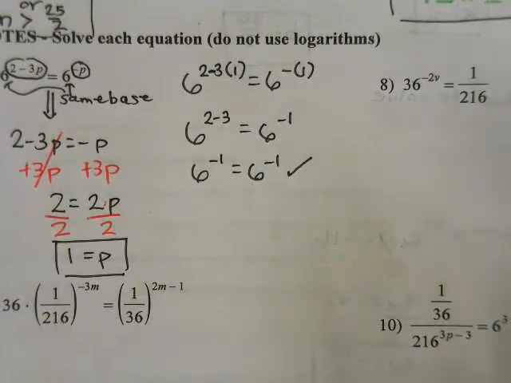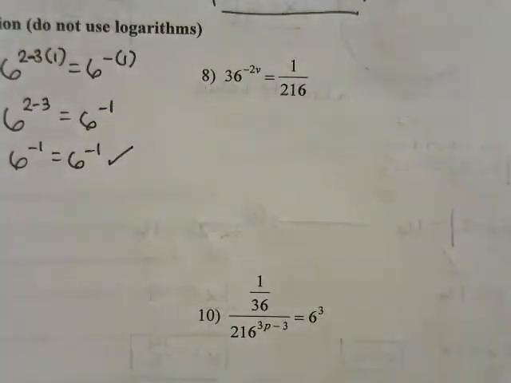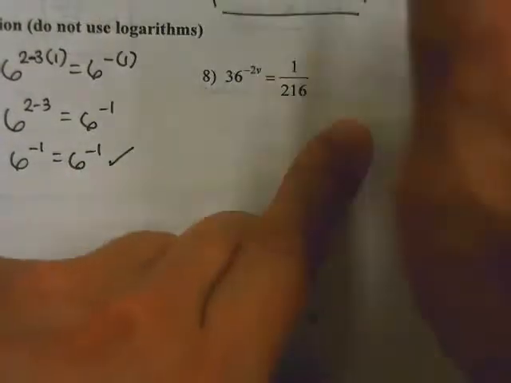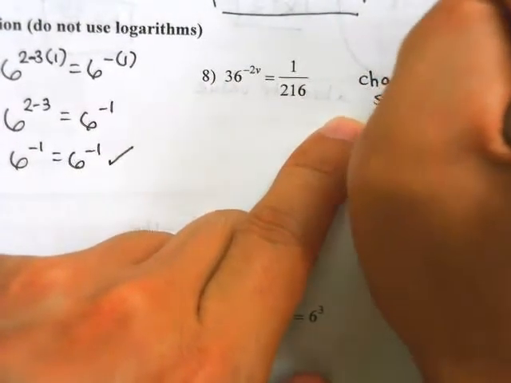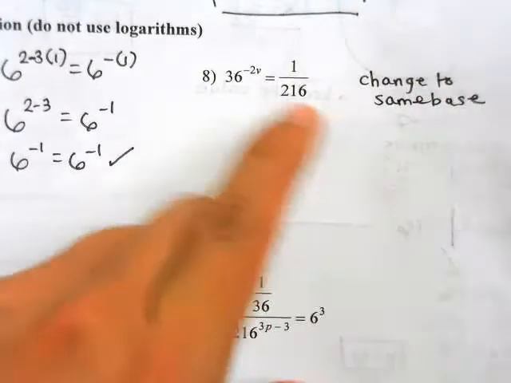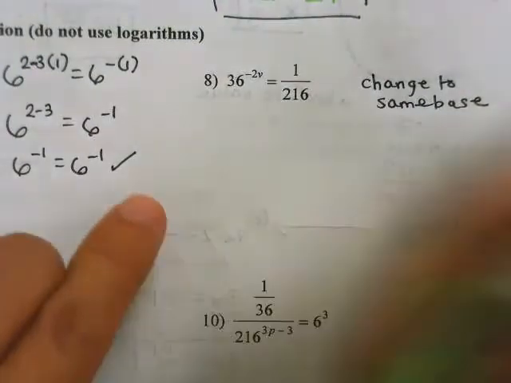Number 8. Now, these problems are not going to have the same base. So what I want you guys to do is change it so that it becomes the same base. What I mean by this is 36. I think these are all 6's. Hopefully, 36.